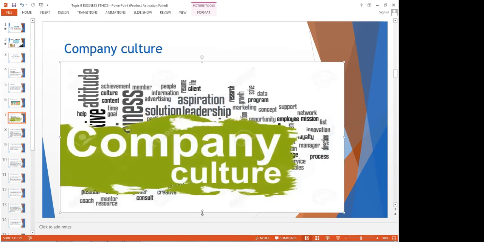Since we are talking about business ethics, it's good that you look at what we call company culture. Business ethics is about the company culture. Take 2-3 minutes, look at the photo, read through what you can, and try to understand what is presented on that diagram. Then I will mention those issues in passing.